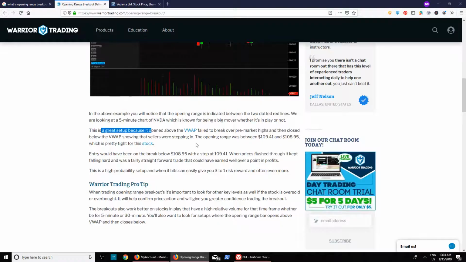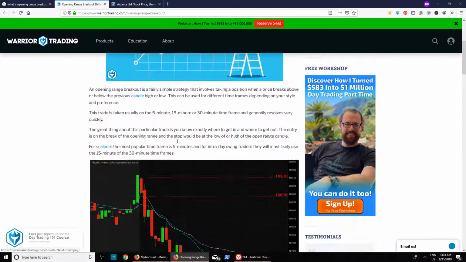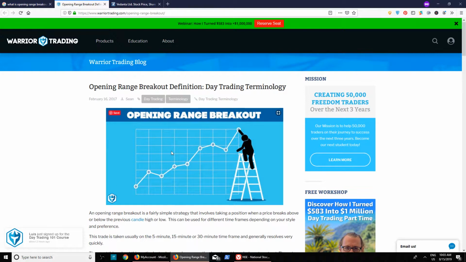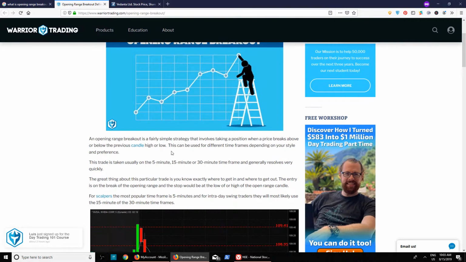As you can see, this is a great setup. VWAP is an indicator made specifically for intraday. I will make a separate video on VWAP. So this is about opening range breakout itself, ORB in short.